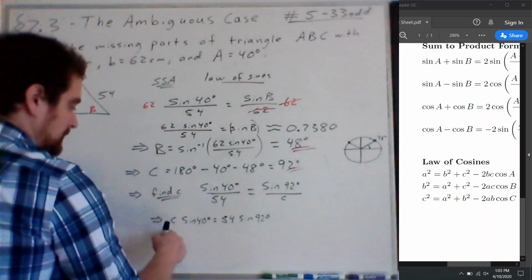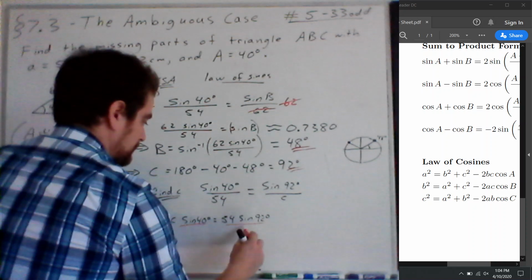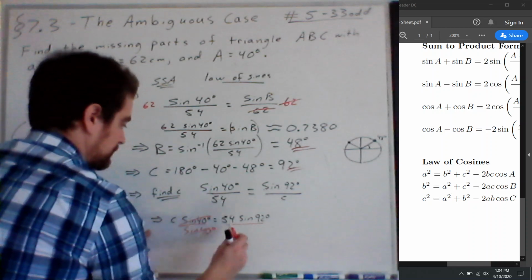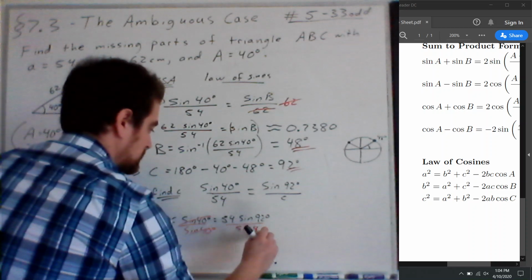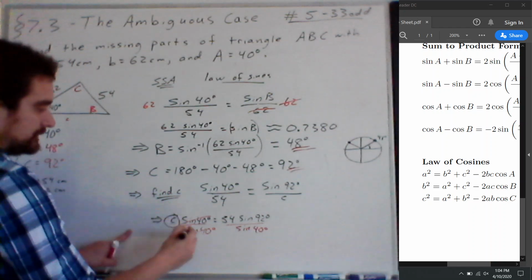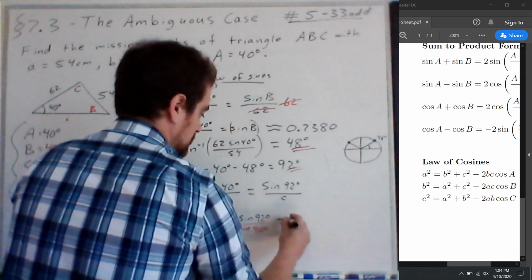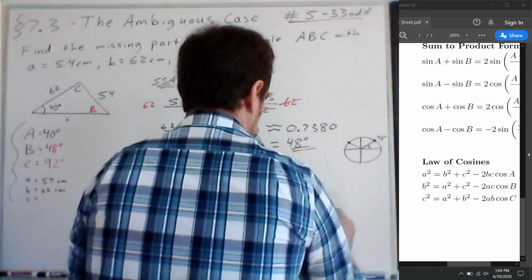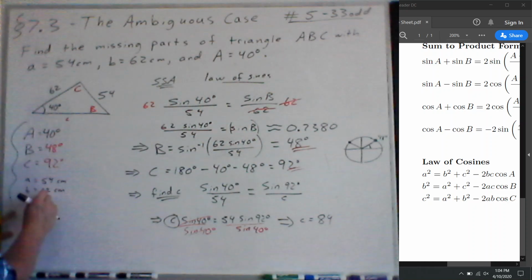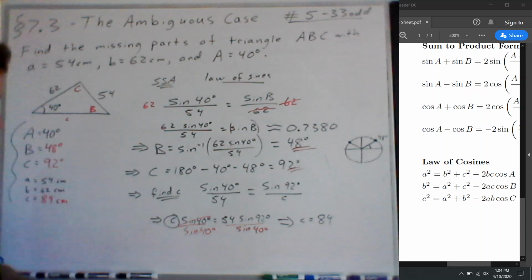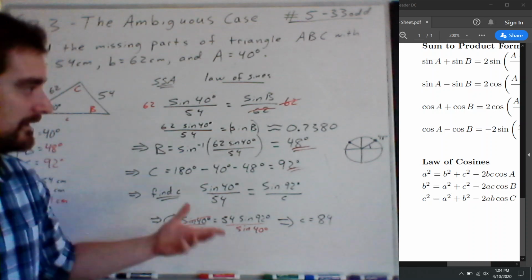So I can solve for little c by plugging this whole value into my calculator: 54 times sine of 92 degrees divided by sine of 40 degrees. That will tell me that little c is, and we'll just approximate it to 84 centimeters. Again, I did this in my calculator ahead of time just to save from me typing on the screen here. That way this video is not a whole hour and a half or so.